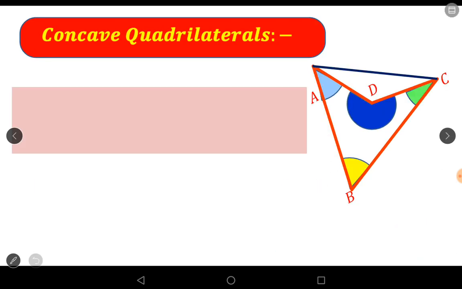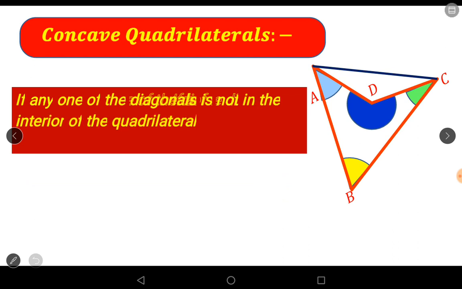Next one, concave. Here any one of the diagonals is not in the interior of the quadrilateral. That is called a concave quadrilateral.